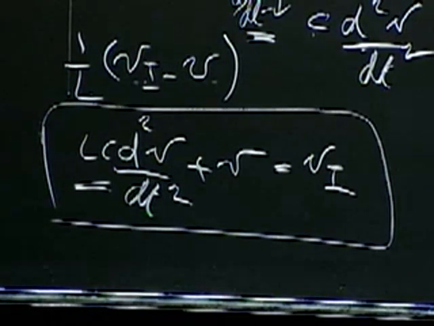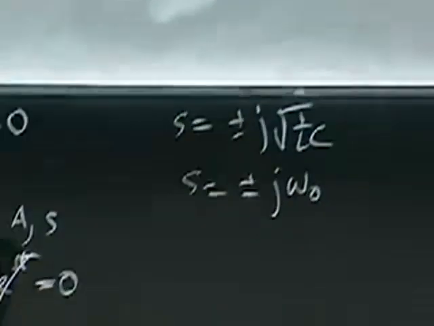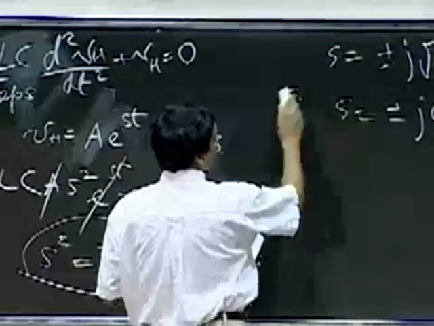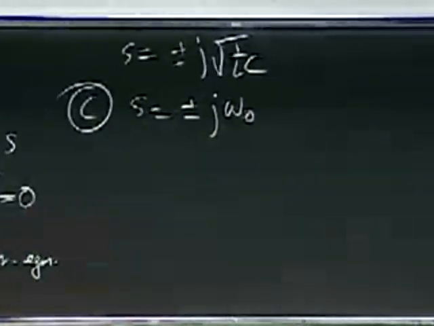So 1 divided by that has units of frequency. This is a frequency in radians. So I end up getting my roots of the homogeneous equation, and that's my third step.